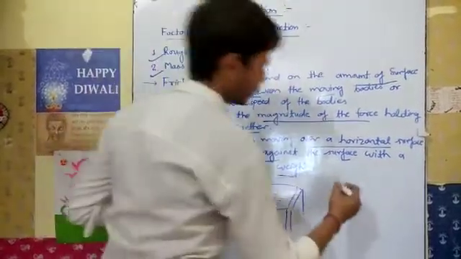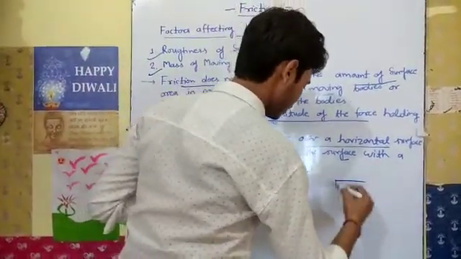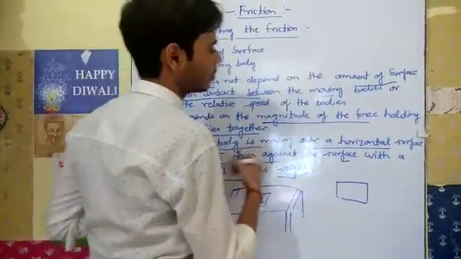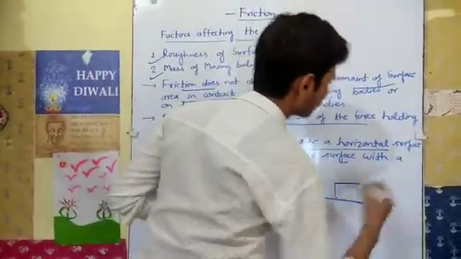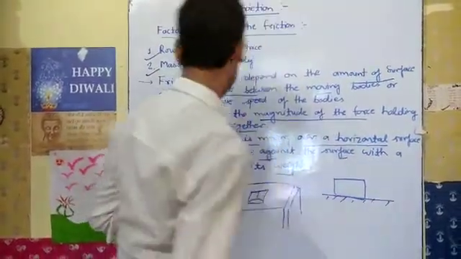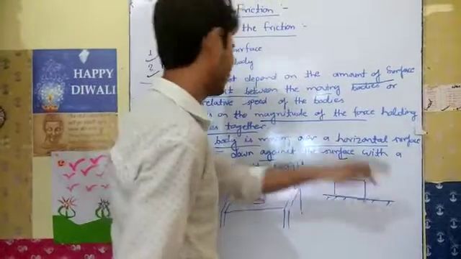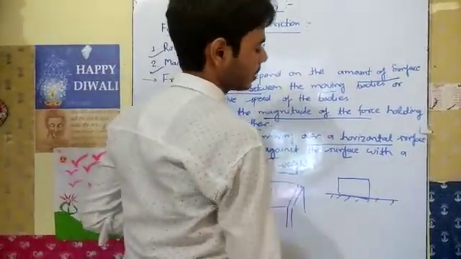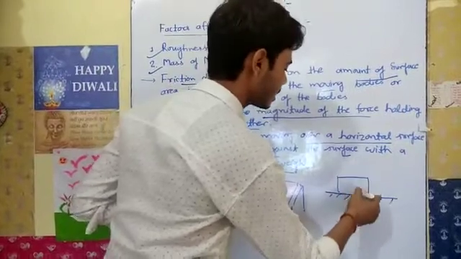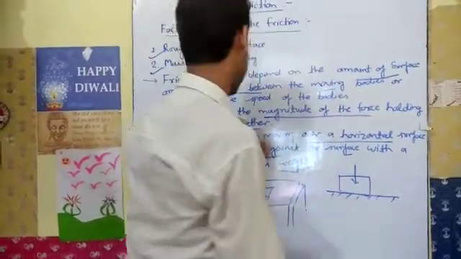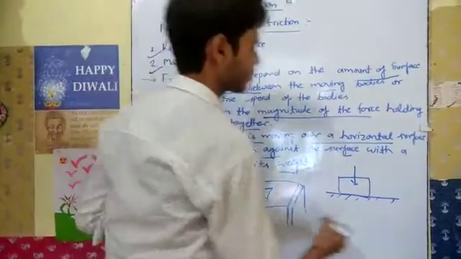That means, now suppose this is an object, and we write here, when a body is moving over a horizontal surface. This one is a horizontal surface on which the object is moving, and it presses down against the surface with a force equal to its weight.